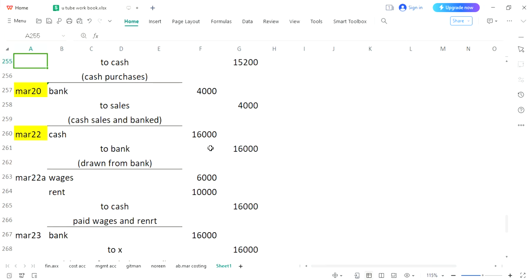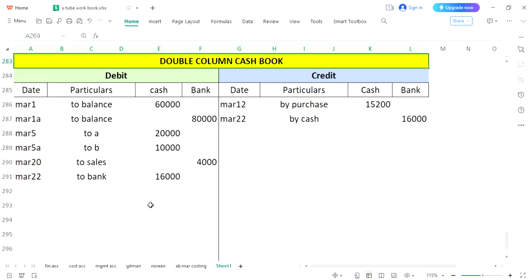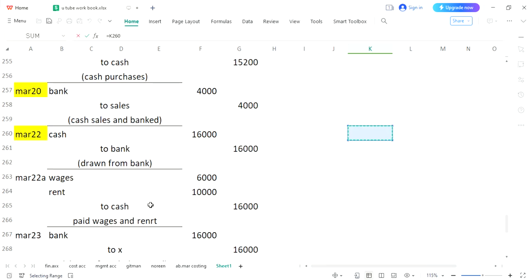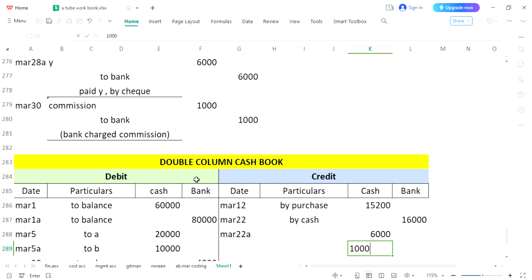After March 22, we have March 22A, where cash is present on credit side, but here you will have to wait. Please note it down, cash is present on credit side, but there are two amounts. So you will have to mention both amounts step by step. First 6,000 and then 10,000.